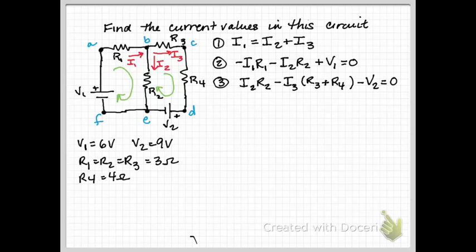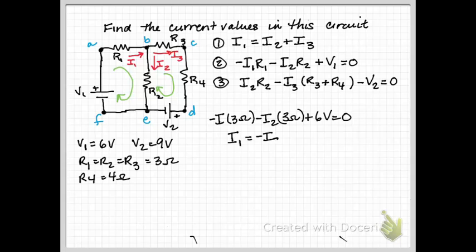Working with equation 2 first. We don't know what I1 or I2 is, but we do know R1. So minus I1 times the 3 ohms minus I2 times the 3 ohms plus 6 volts is equal to 0. And if you work through that one, I1 is equal to minus I2 plus 2.